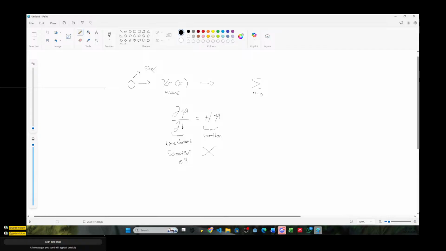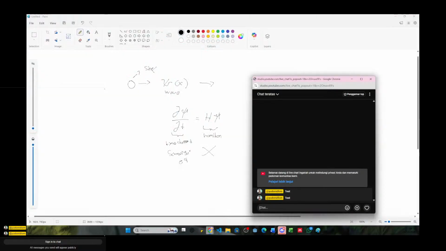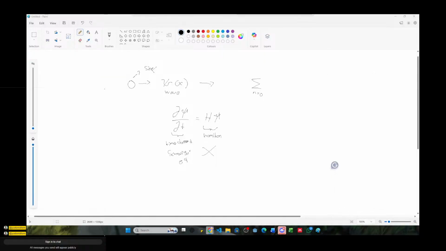What is this? Sorry guys. Tell me if my equation is wrong or not. Just tell me.